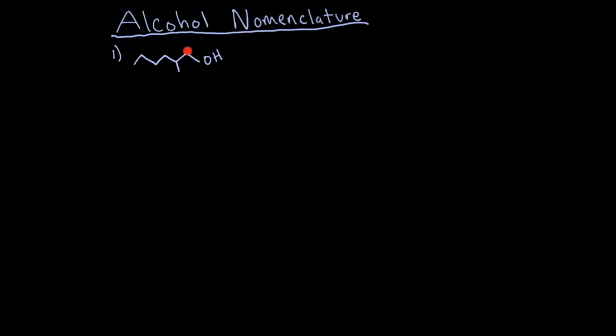Okay, so right here we see that we have this functional group here. Okay, this is a hydroxy functional group. Okay, now hydroxy is just another way of saying it's an alcohol. Okay, so we're working with an alcohol. So if I start numbering here, this is going to be carbon number 1, 2, 3, 4, 5, and 6.